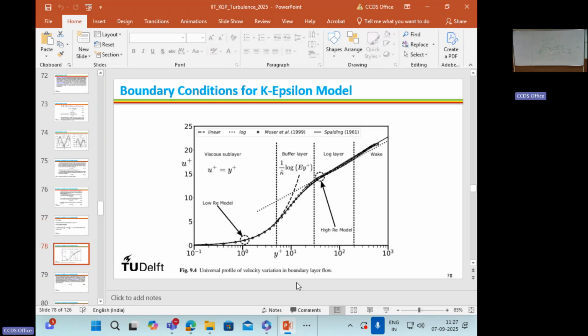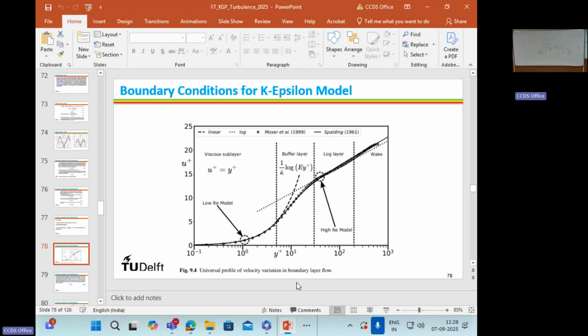Now come again to the universal nature of the graph, right? So this is wall y plus. Again, y plus is a magnified lens to see the wall normal distance from the solid wall, right?